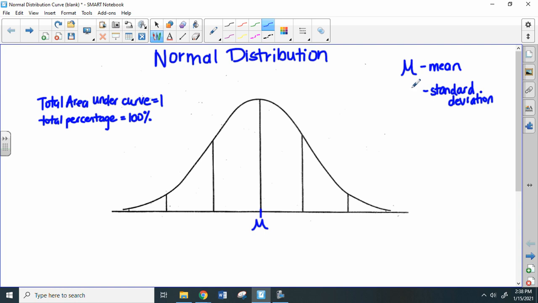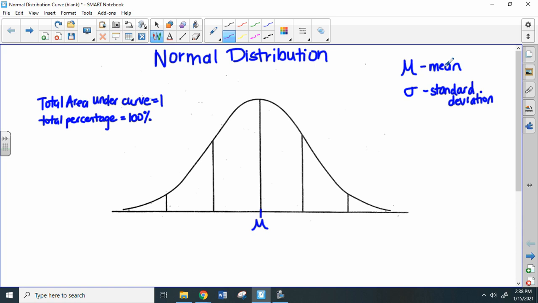It uses the lowercase Greek letter sigma. Some students tend to call it an O with a hat. And real quick, hopefully you remember the word mean is an average.